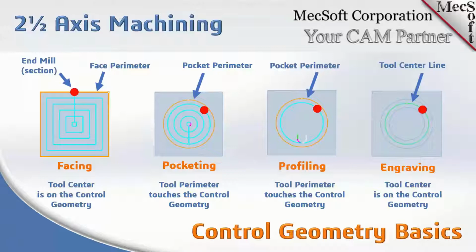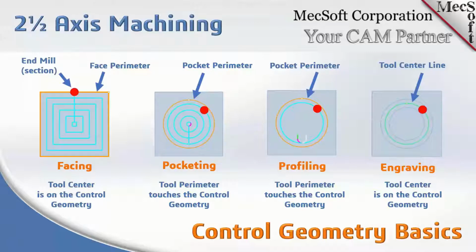If you look at the second from the left, you'll see a pocketing operation, and the tool diameter will stop when it makes contact with your control geometry. In both facing and pocketing, you also have an offset distance that you specify, which will be used to offset the tool and clear either a top face or a pocket.